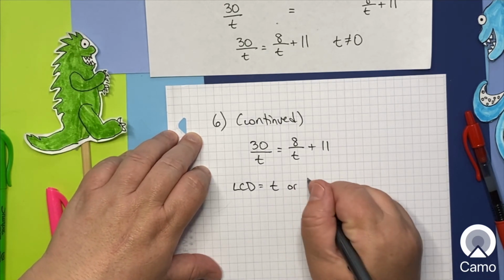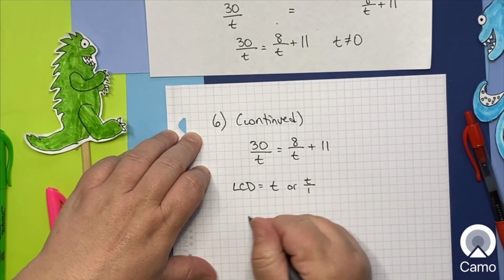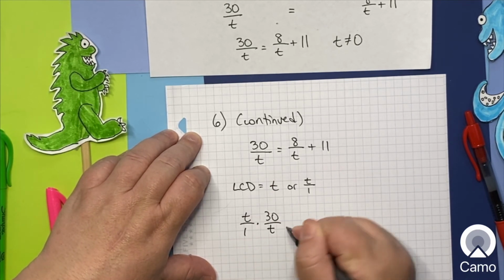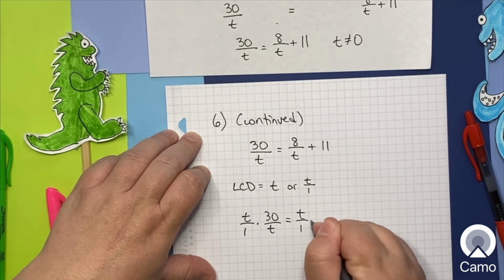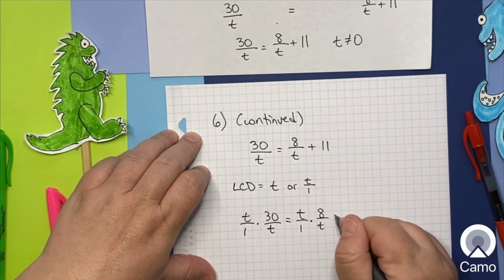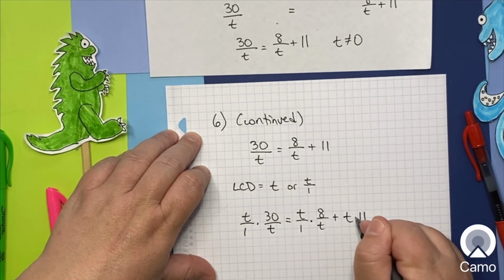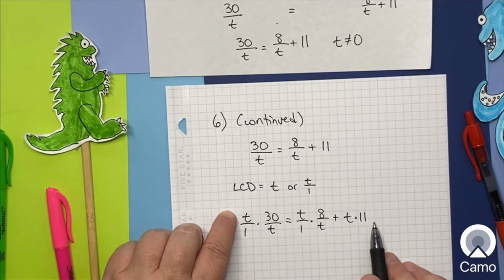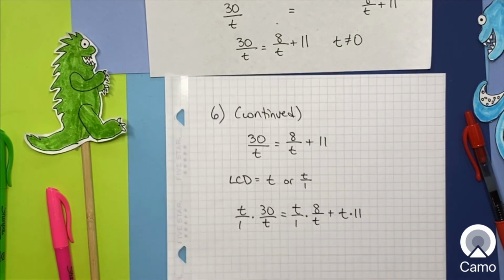So I'm going to multiply t over 1 times 30 over t equals t over 1 times 8 over t plus t times 11. Remember that I can multiply a fraction by t over 1, and then the whole number gets multiplied just by t.